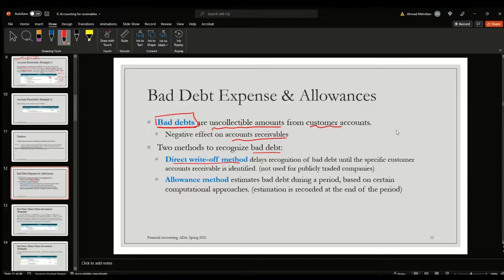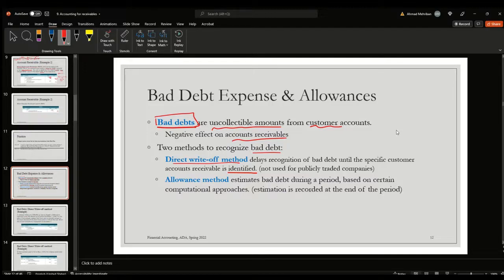You just wait for the specific customer to identify himself as uncollectible, and at the moment we identify that specific case, we write it off. But in the allowance method, we make certain estimations. We estimate that during this period some percentage of my credit sales, not cash sales, might not come back and not be paid by my customers.